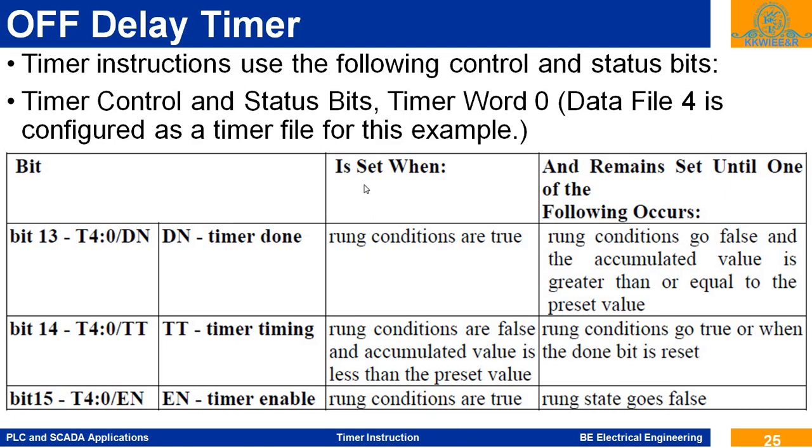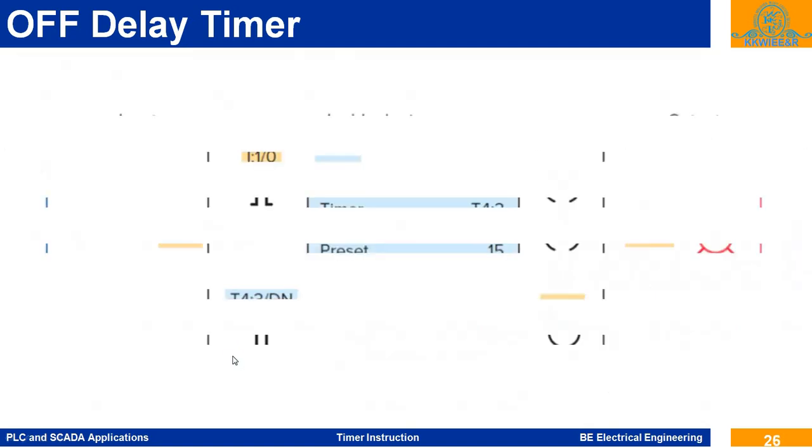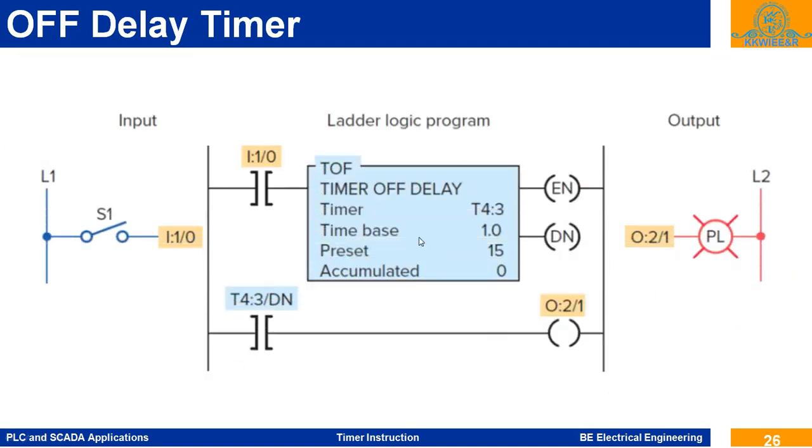When the run condition goes true, or when the done bit is reset, your timing bit is also reset. And enable: when the run condition is true, the enable bit is true or set. When the run condition goes false, the enable bit is false. Now we see this with the help of a timing diagram.